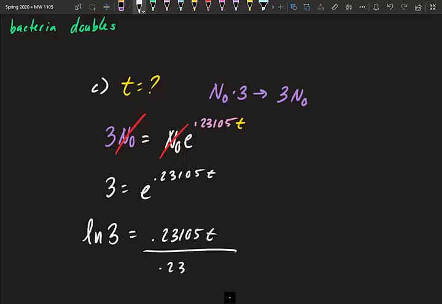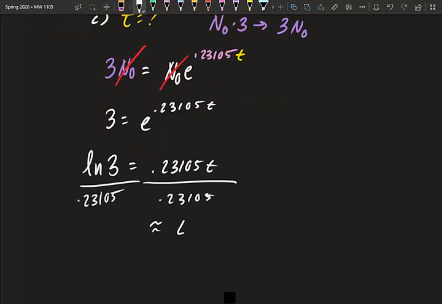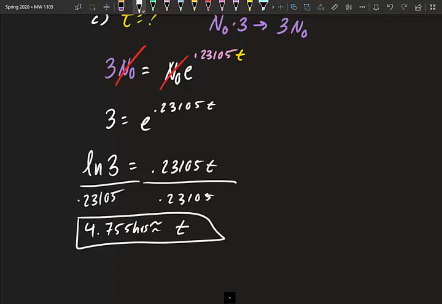Divide. And we get t is approximately 4.755 hours. So the colony will triple in about a little over 4.5 hours.